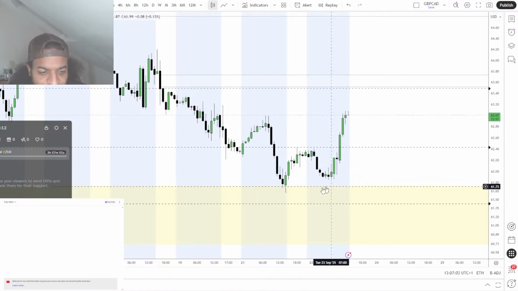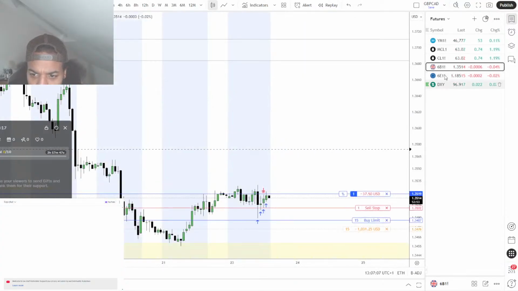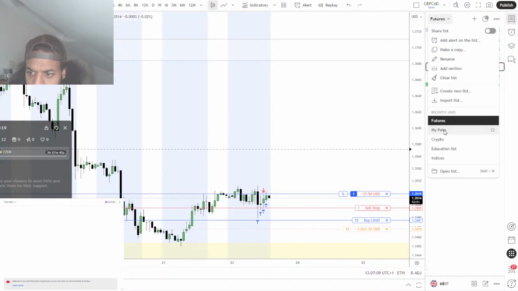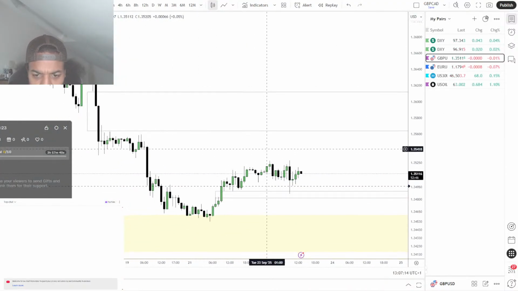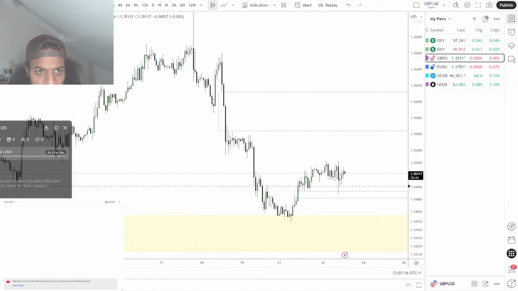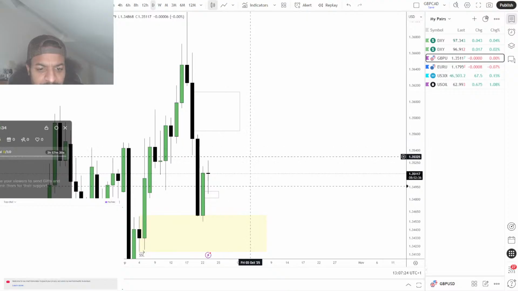Right. Looking at some trades today. We're gonna see what GU is saying. We're gonna see what Euro USD is saying too. I want to see if we can get up here and then potentially start selling from above. I want to see if we can push up one more time and we start selling.